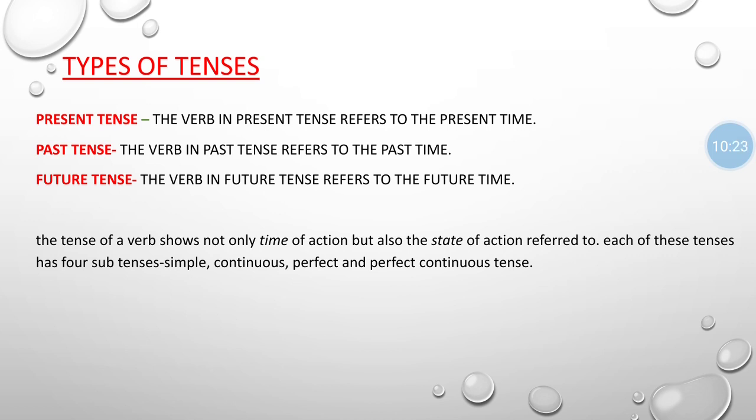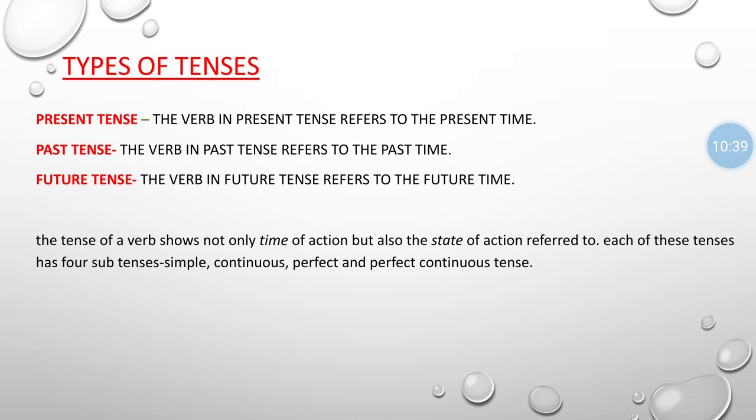But the verb not only indicates the time of that particular tense, it also indicates the aspect, the state or the manner, meaning in which manner, state or aspect the action is completed.